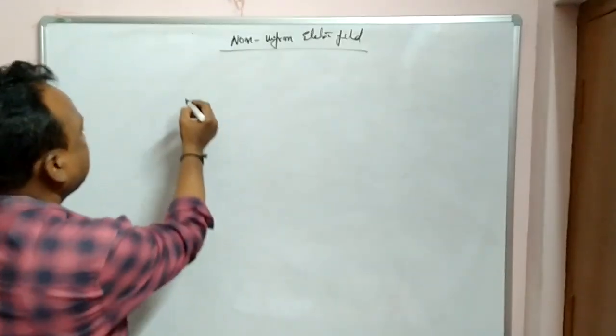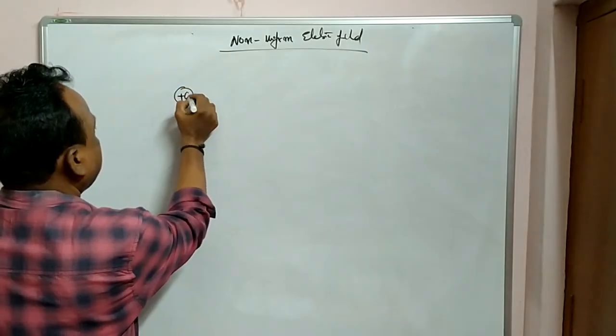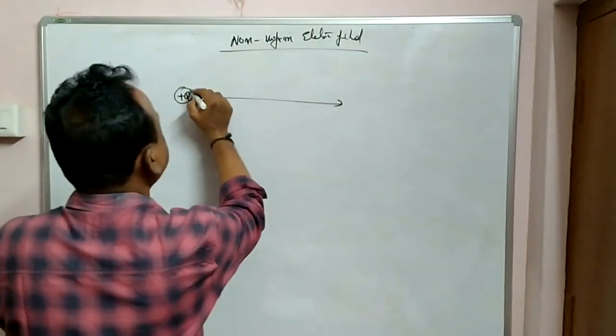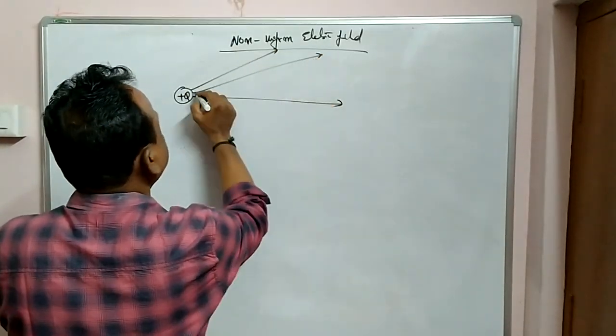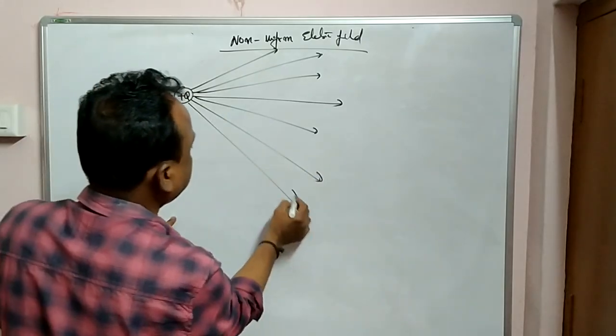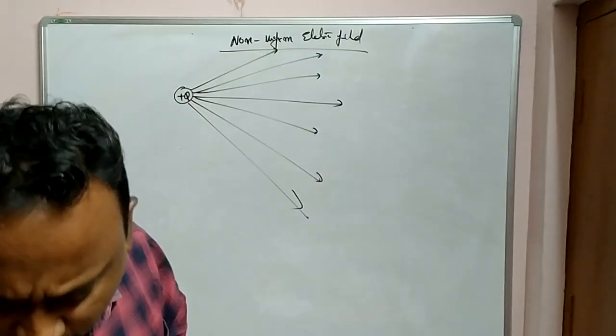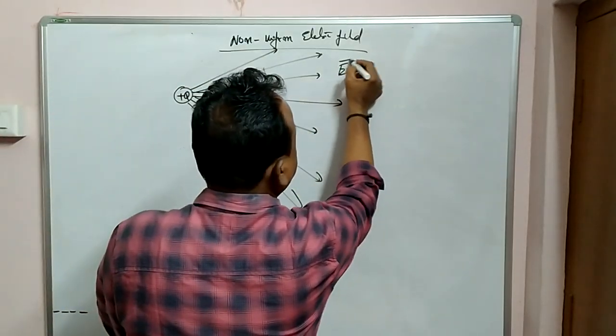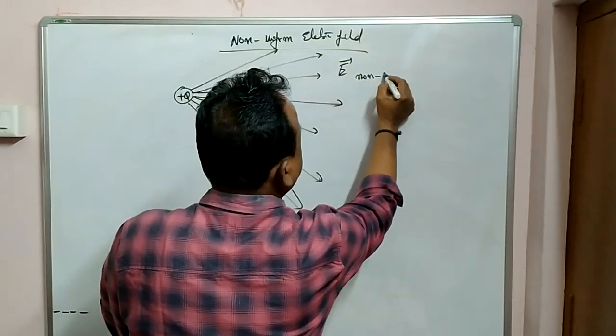For example, this is a charge plus Q. You can observe here it is a non-uniform electrical field in this direction.